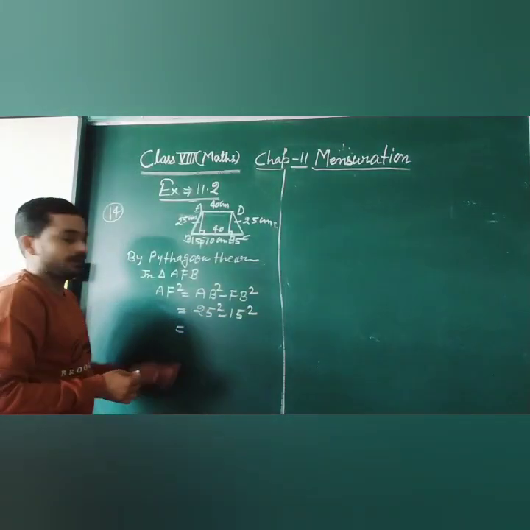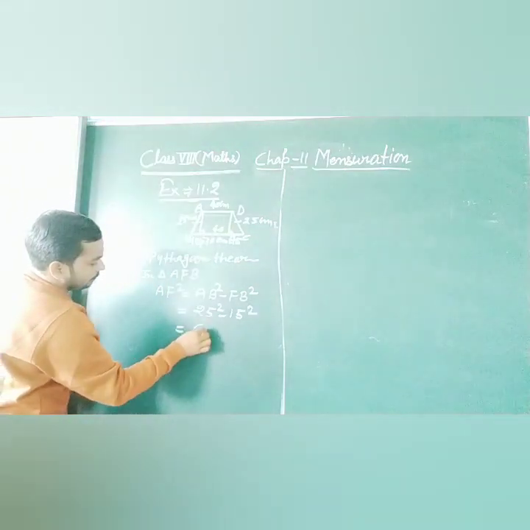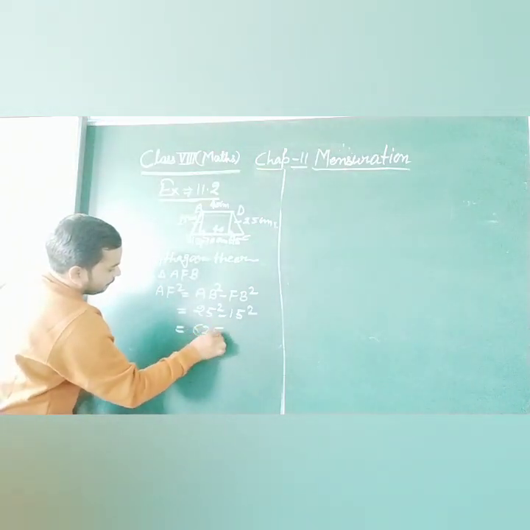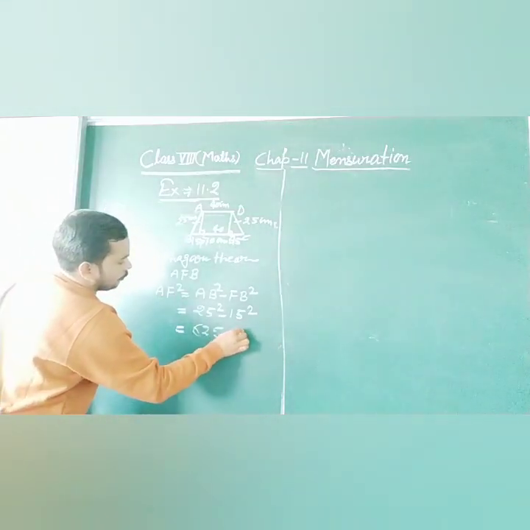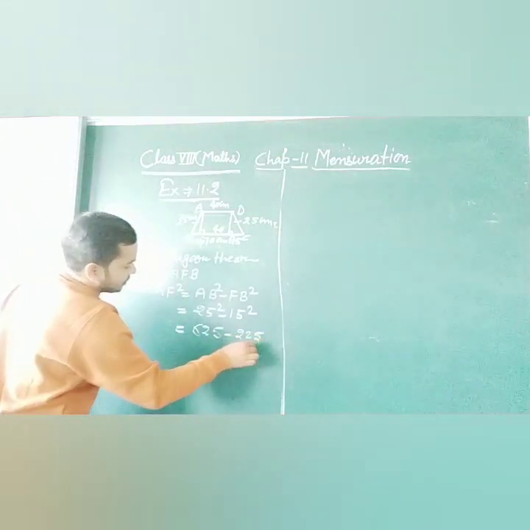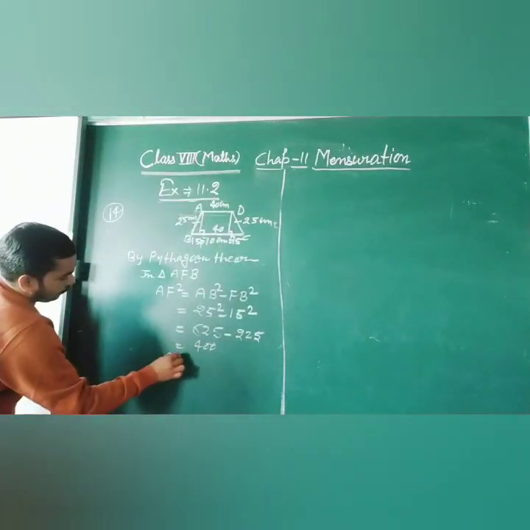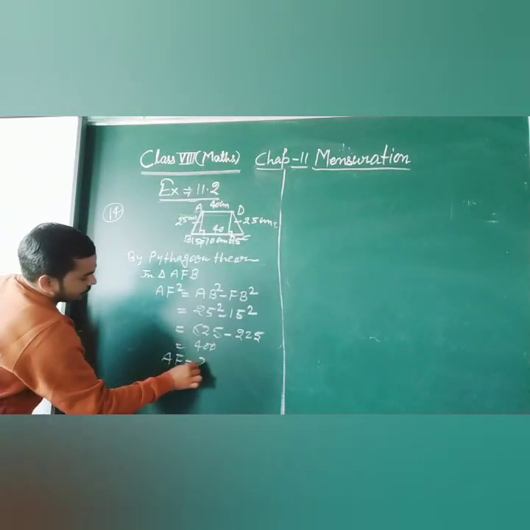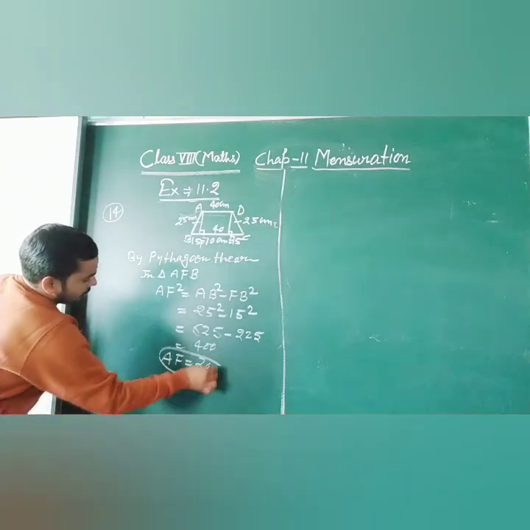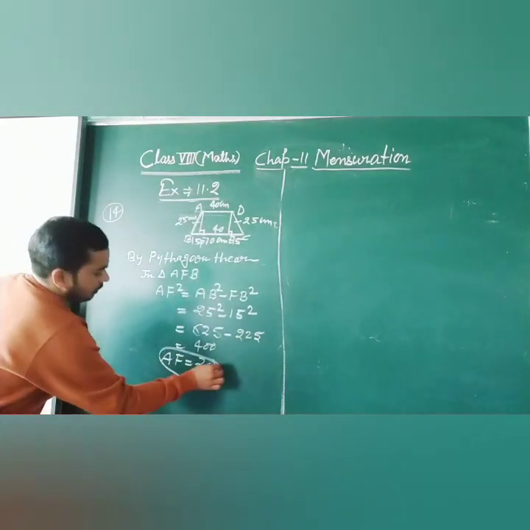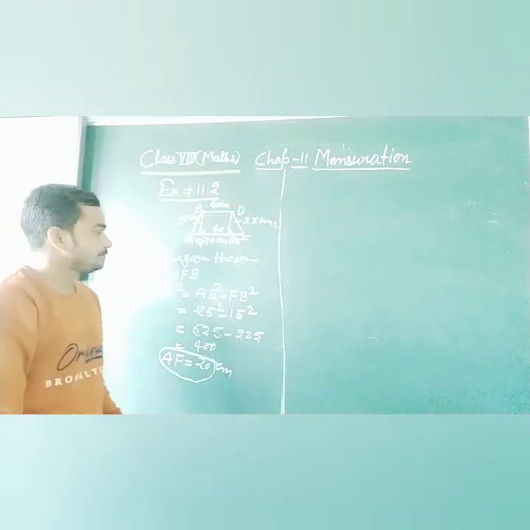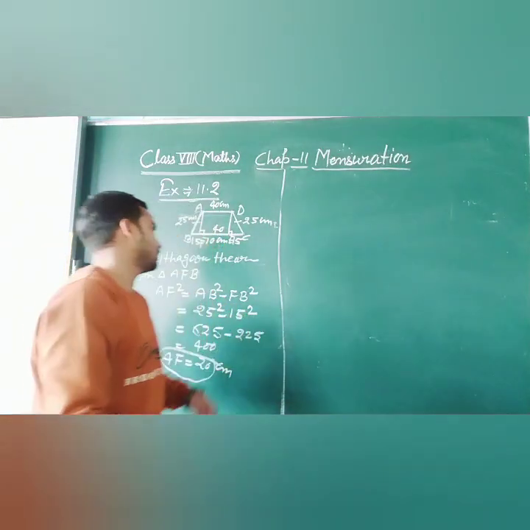The square of 25 is 625, and the square of 15 is 225. When we subtract, we get 400, and the square root of 400 is 20. So AF equals 20 centimeters. This is the distance between the parallel sides.